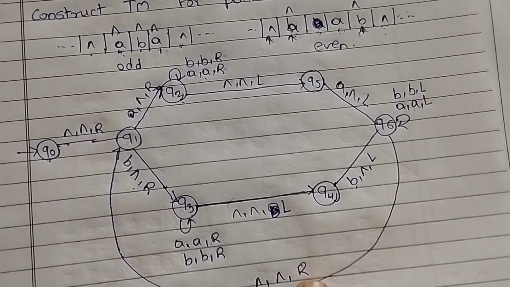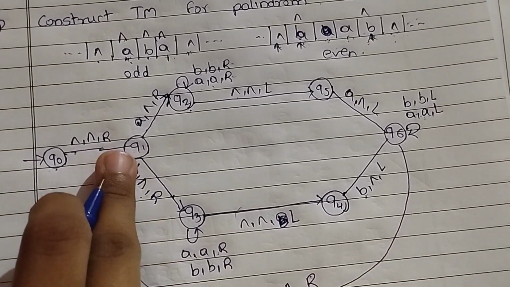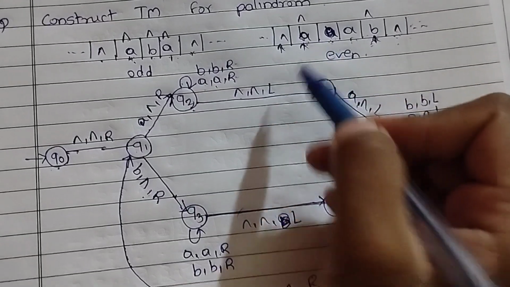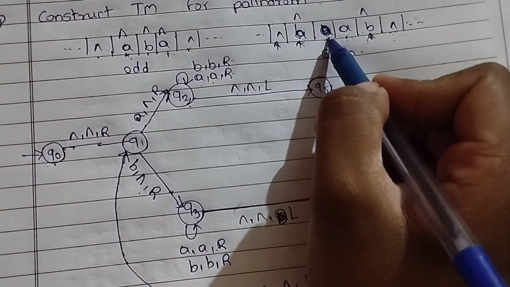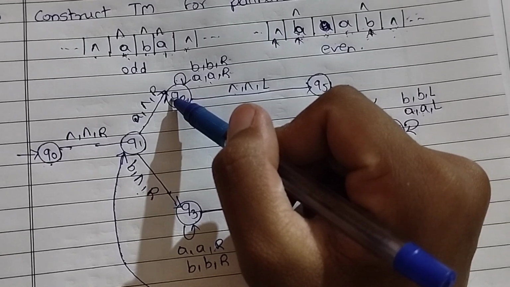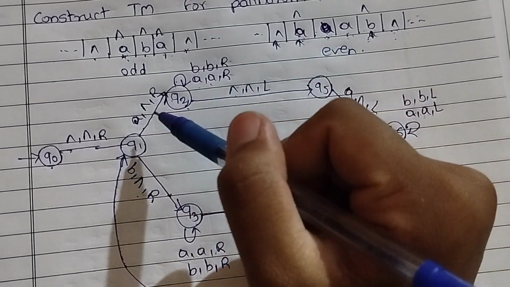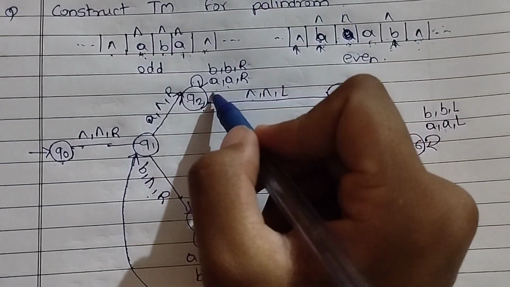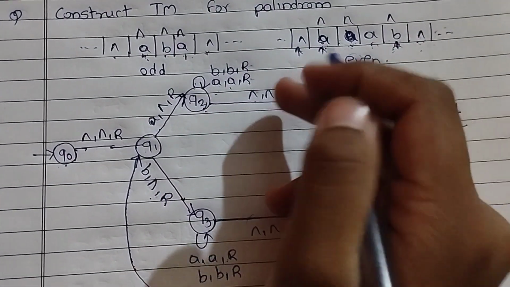So we travel to the right side, and now we are here in this state. Now after this we read the a, so we travel by using this path. So if we now read a, transfer this a to null, and all the symbols after this null value are kept as they are.